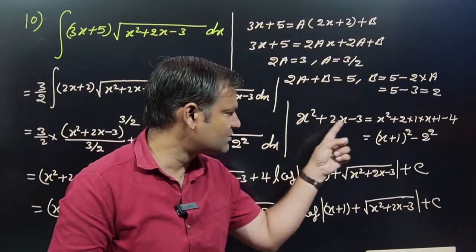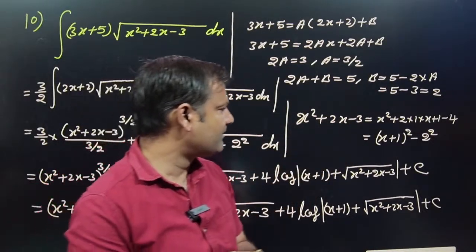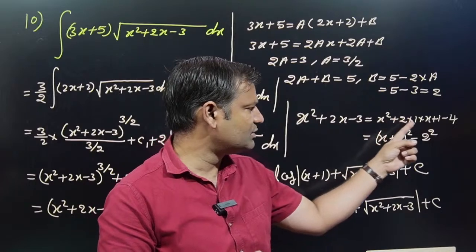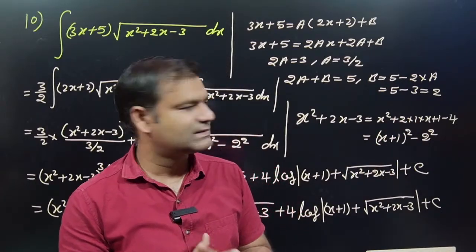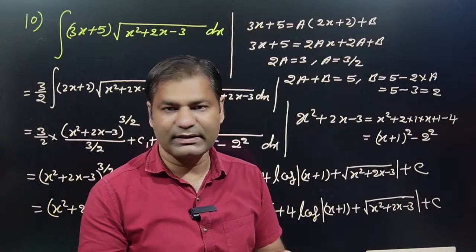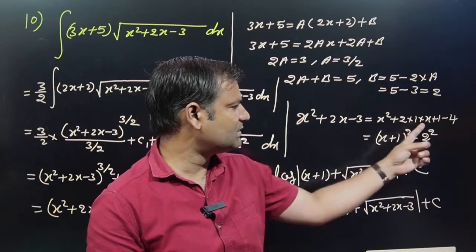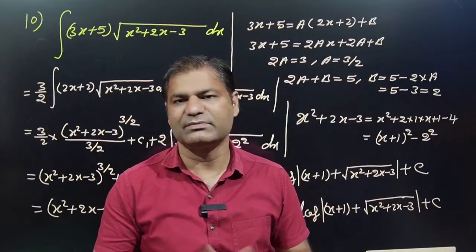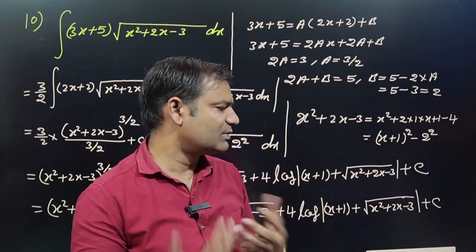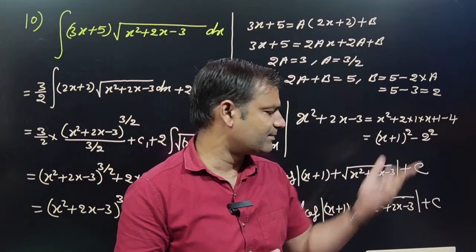Here x square plus 2x minus 3 is written as x square plus 2 into 1 into x, so basically b is 1 and a is x, so 1 adding and 1 subtracting. If 1 is added, we get (x plus 1) to the whole square. If 1 is subtracted, then minus 3 minus 1, that is minus 4. Minus 4 is also written as minus 2 square.